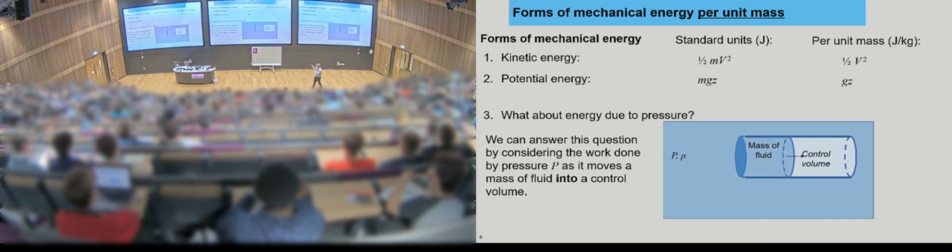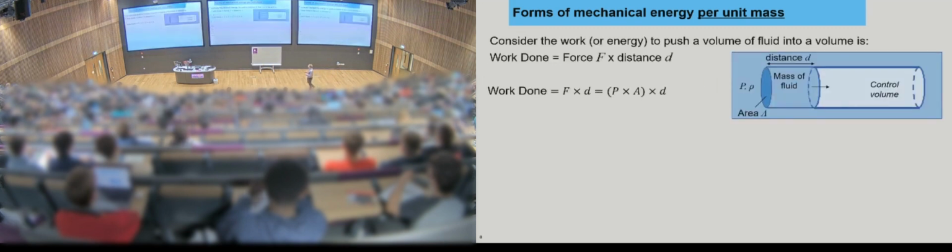All right, so we're going to push that fluid into this control volume. We're going to work out the energy that's required to do that. So let's think about the work or the energy, because work done is equivalent to energy, in order to push that mass of fluid into our control volume.